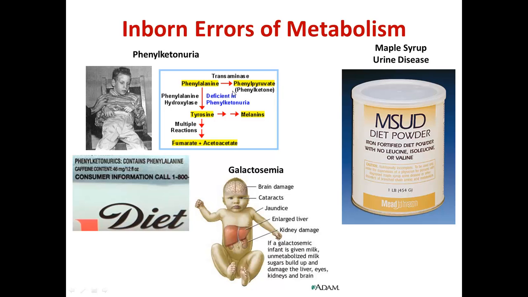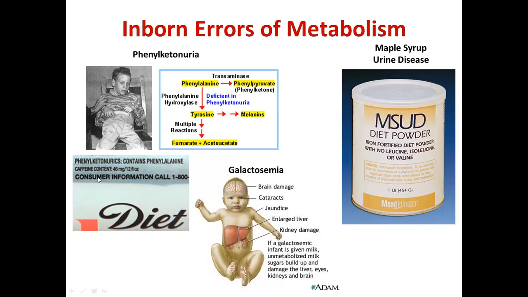Now, this phenylpyruvate then builds up in the nervous tissues of these children and leads to progressive loss of mental capacity.